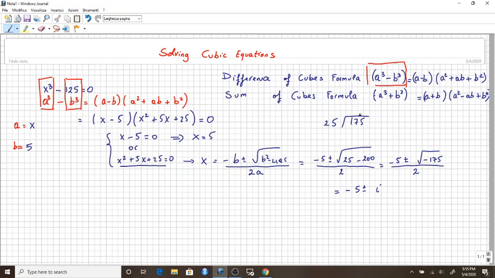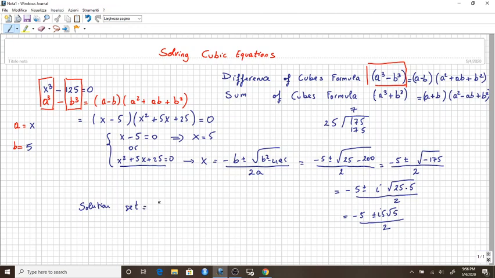So if we divide by 25, let's see, 7 times 5 would be 35, and then 7 times 2 would be 14, yes. Okay, so it's 25, so that would be the square root of 25 times 5, right? And then divide by 2, so this becomes negative 5 plus and minus. We know the square root of 25 is 5, so it becomes 5 square root of 5 and then divide by 2. Okay? Oh, I forgot the i, of course. There is an i here. Okay, so what's the solution set?